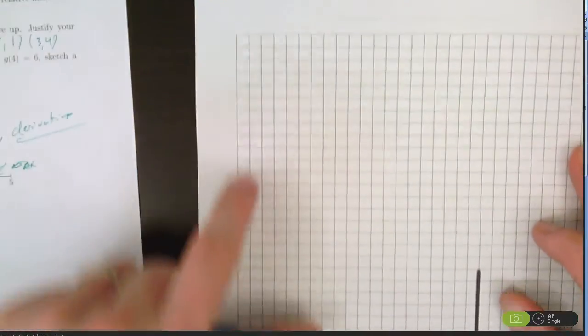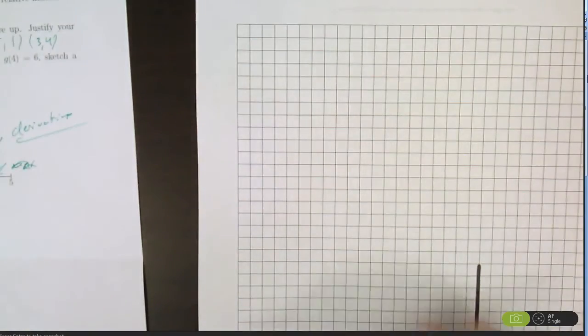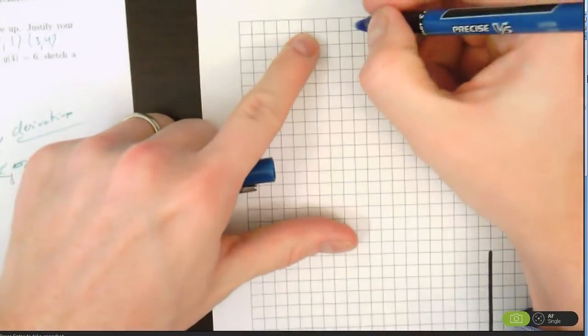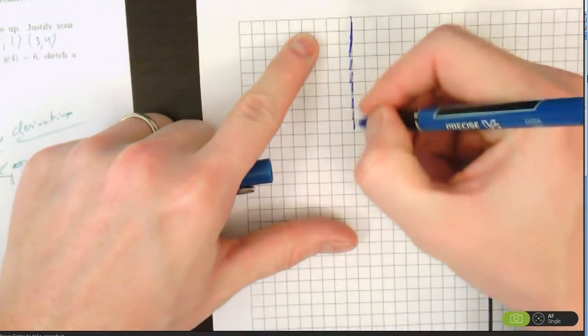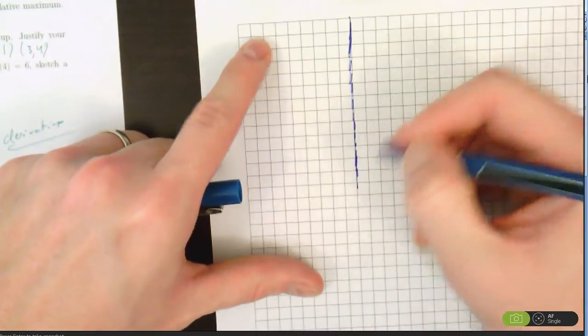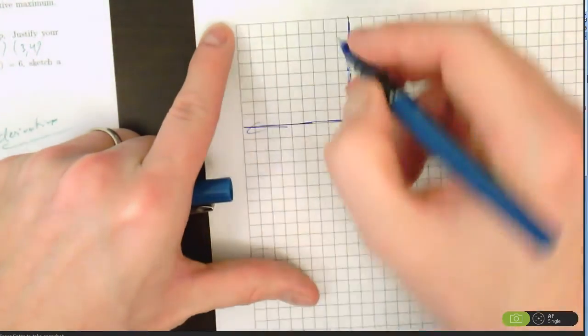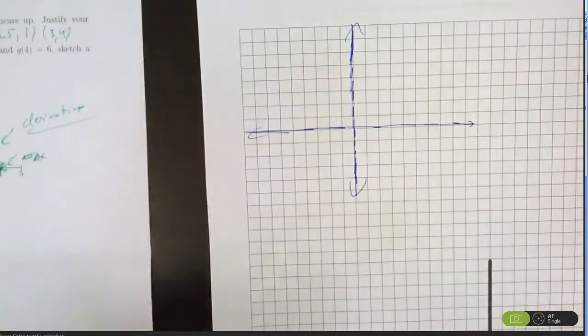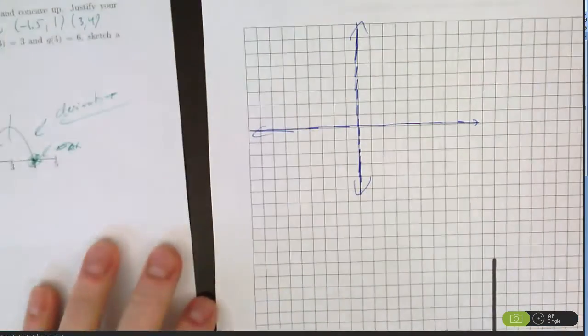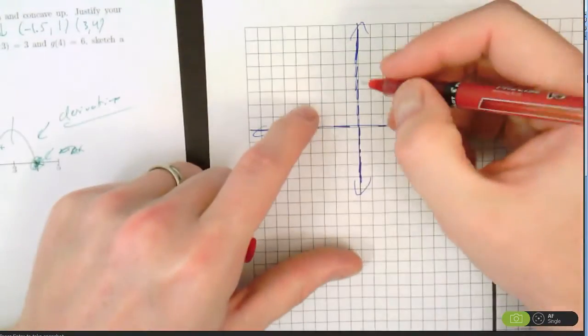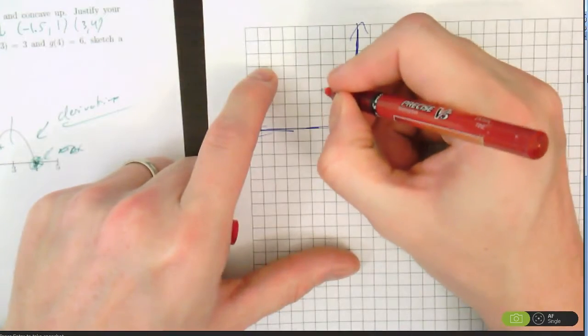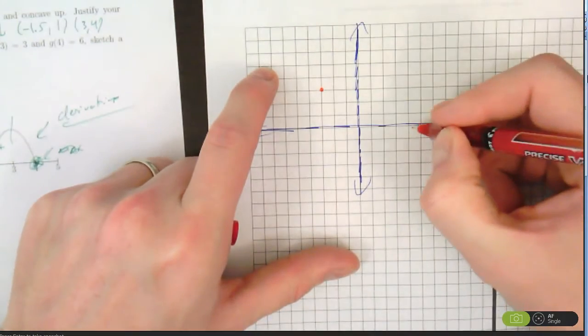Okay, so let me start this over. I'll do the x-axis in black, y-axis in black. Make it stand out a bit. But I'll do the graph in red. So I'll just start that over again. So I know I have at -3 the point -3 comma 3. And then I know at 4 I have 6.